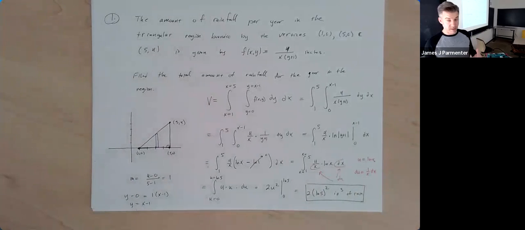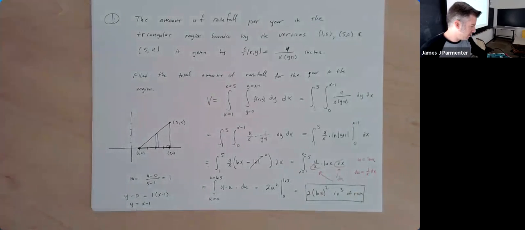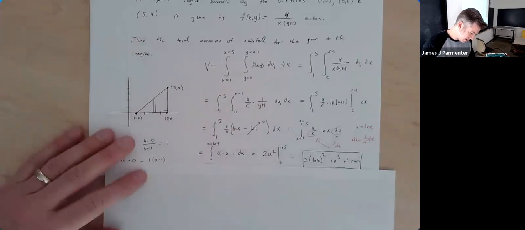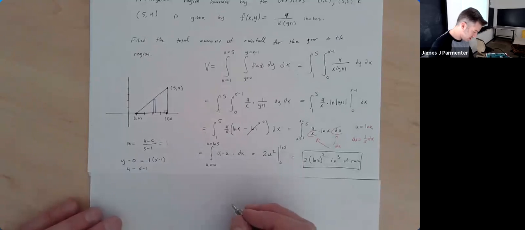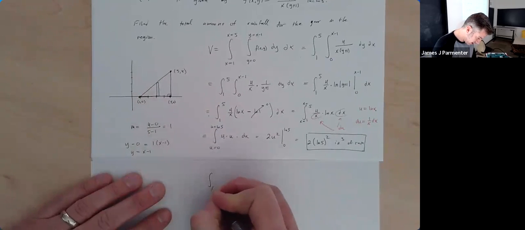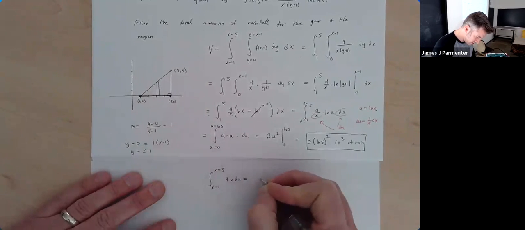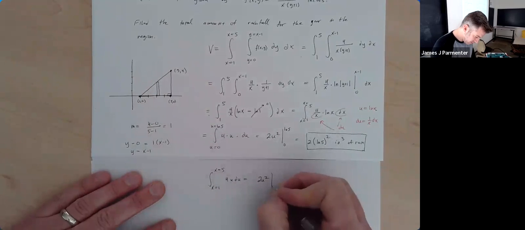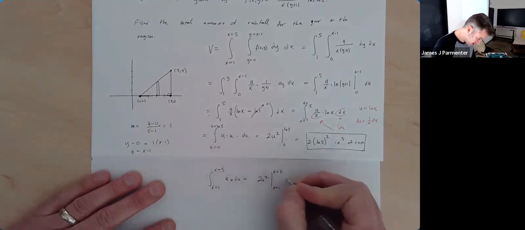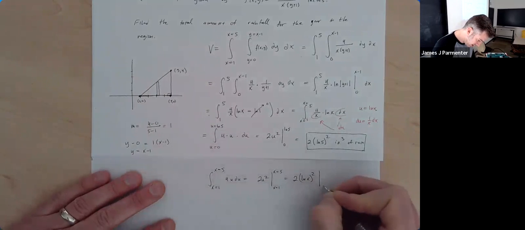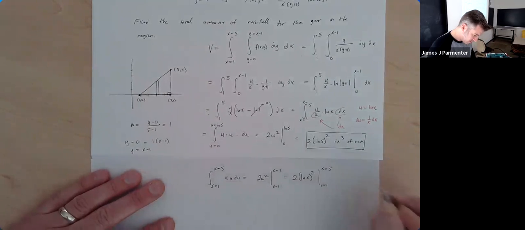The nice thing about changing your limits of integration is we don't have to change back to x. I'll just write down here so you can see why I think this is better. If we had said, I don't want to change these limits, and I'd done it as the integral from x equals 1 to x equals 5 of 4u du, and then gotten 2u squared from x equals 1 to x equals 5, which is then 2 natural log of x squared from x equals 1 to x equals 5, we're going to get the same result.